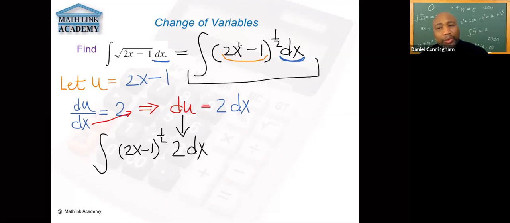Now, if I force a 2 inside, on the outside of the integral I have to take the reciprocal to make sure the problem stays the same. So note, what is 1/2 times 2? It's equal to 1. So really, I didn't change the problem. Sometimes you've got to put a constant in.